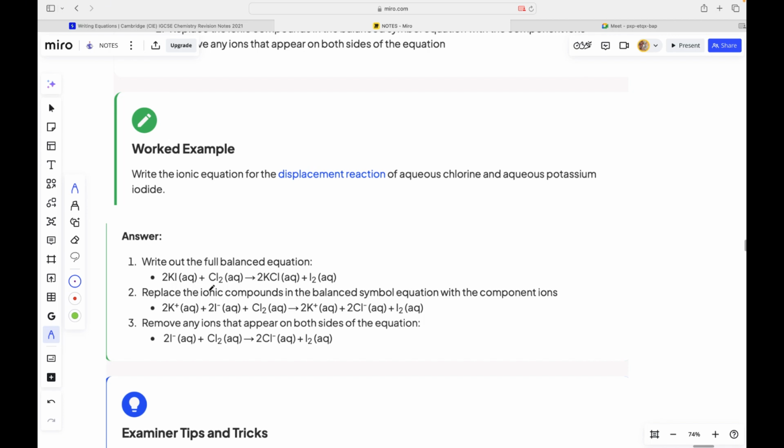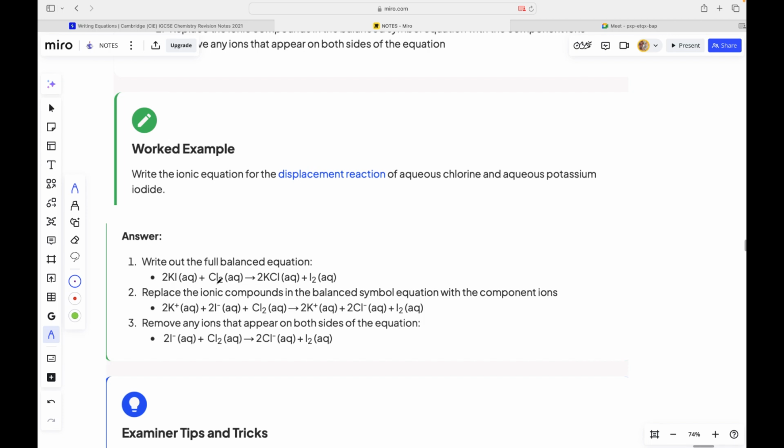Replace the ionic compound in the balanced equation with the component ions. So we replace each one with the ion if we want to write the ionic equation. Potassium is of course a metal, so it has 1 plus because it has 1 electron in the outer shell. The iodine is 1 minus because all halogens are 1 minus. They are looking for 1 electron. Then plus chlorine.